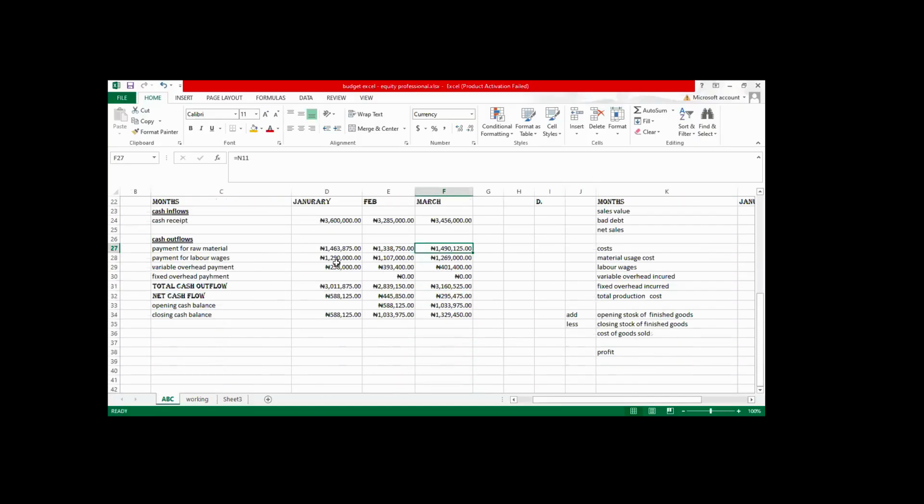Look at the figure here. Automatically populating. 1, 2, 3. Next, variable overhead payment.